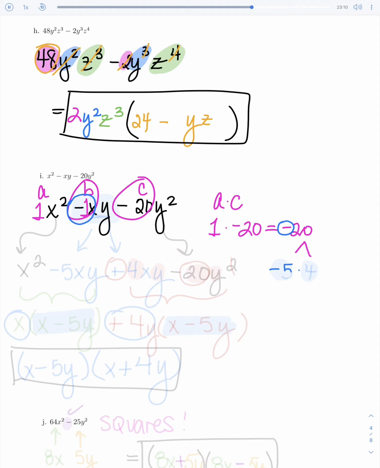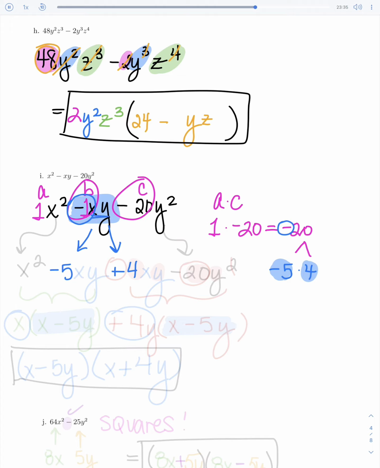Well, that would be a -5 and a +4. So let's see how breaking this up into a -5 and a +4 is going to help us. That'll help us break down the middle term, the -1xy, into 2 pieces, a -5 and a +4.